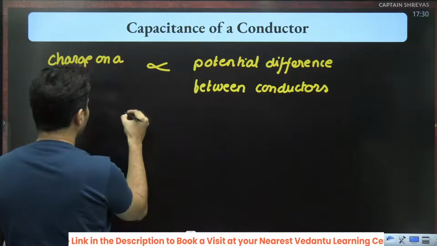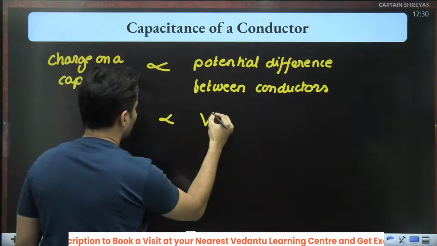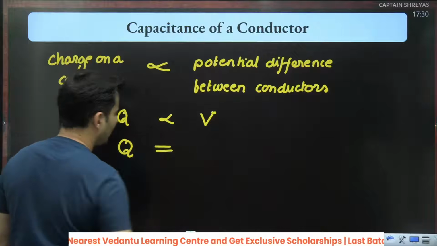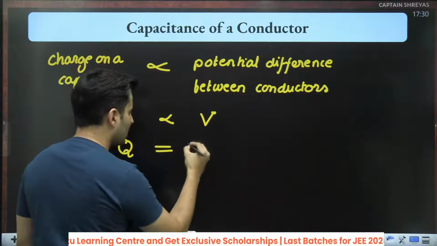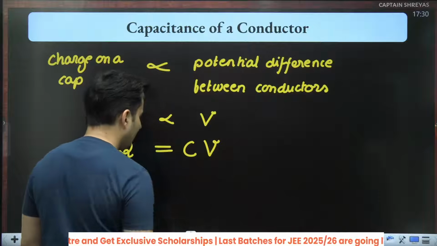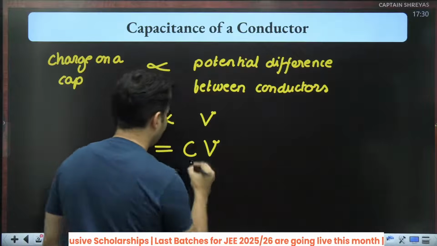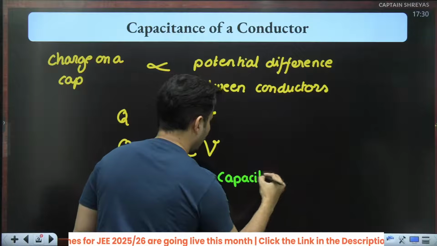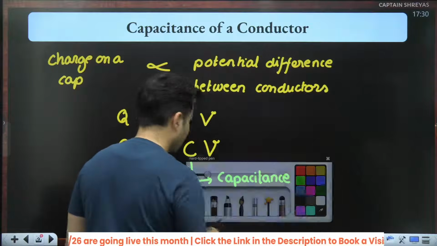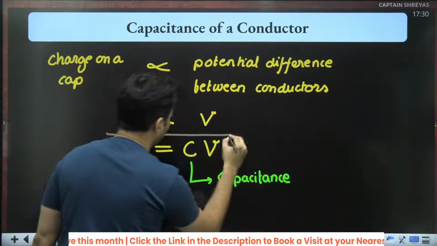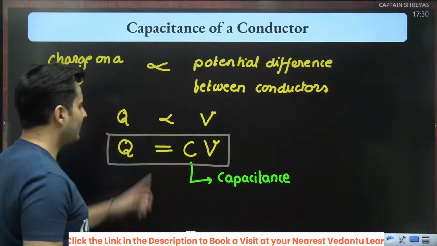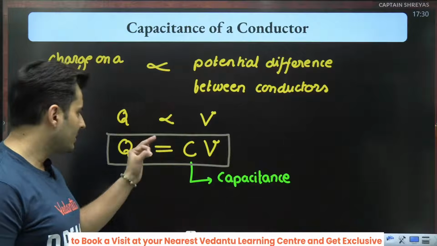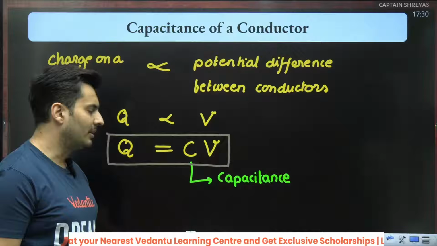Basically, Q is directly proportional to the voltage difference. You want that proportionality to be converted into equality. You will get a constant of proportionality, which is C, which we call the capacitance. This is the capacitance. This is the formula for it. So the charge on a capacitor is the capacitance multiplied by the potential difference.